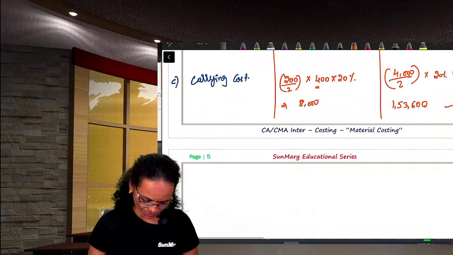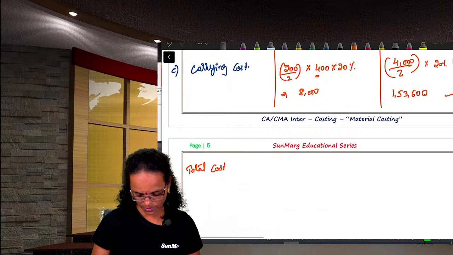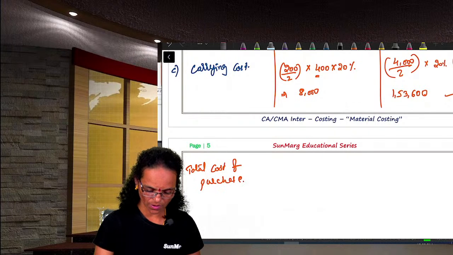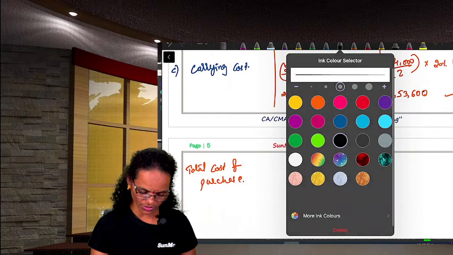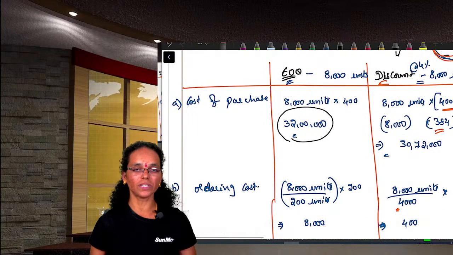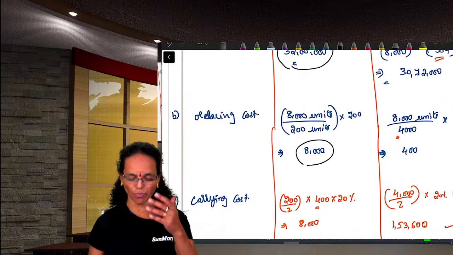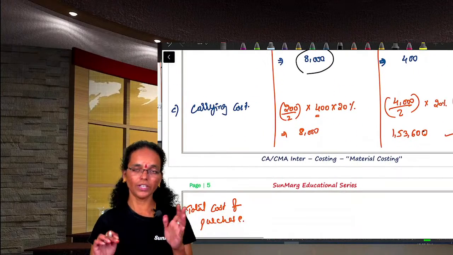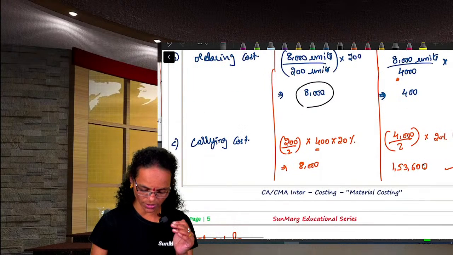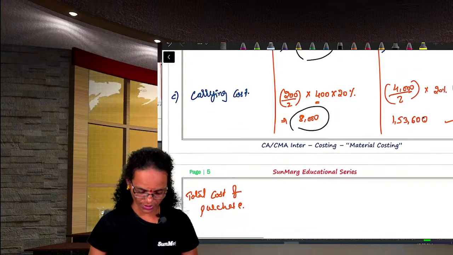So, total cost of purchase. This is the cost of purchase, the amount which we paid to the supplier, and the ordering cost, how many times we placed an order into the ordering cost, and the carrying cost, the cost we incurred for carrying the components.